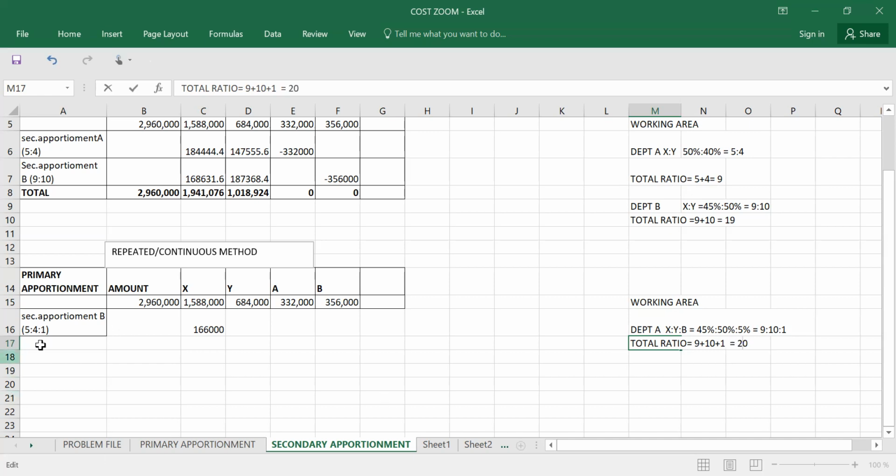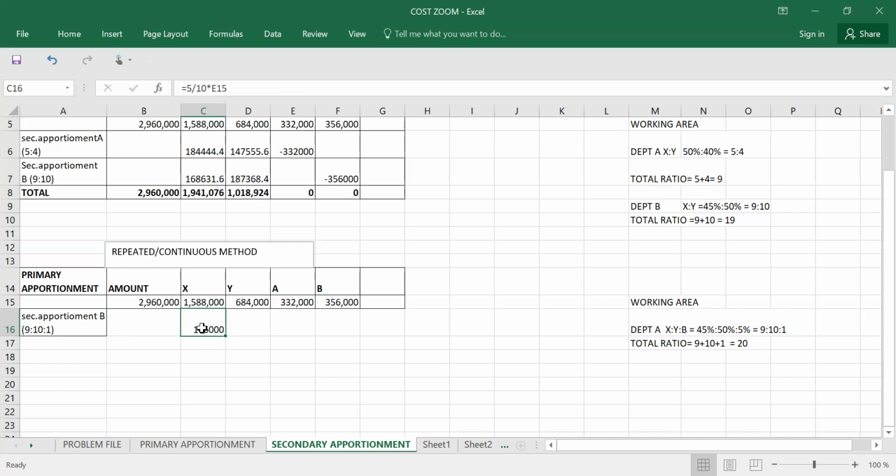So we are sharing 9 to 5 to 10 to 1, and that is our total ratio. This changes everything.